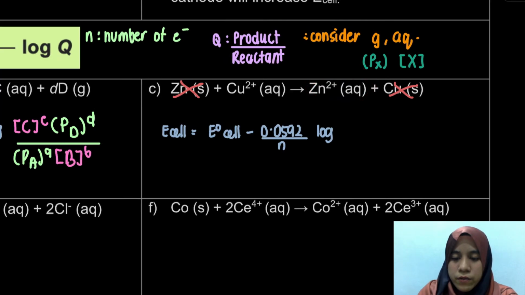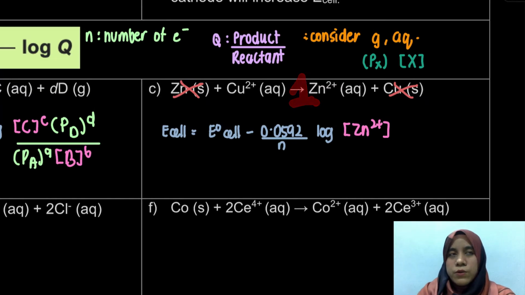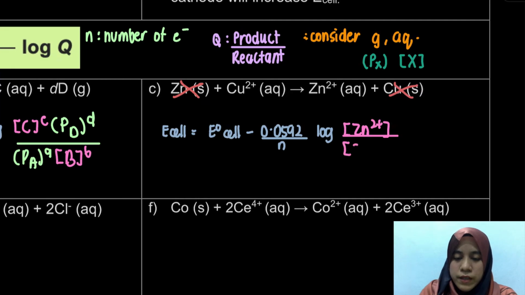For concentration must be square bracket. Here, if we don't have any value, it's actually to the power of 1, so you don't have to include the power of 1. It is understood. Divide by my reactant, which is Cu2+ to the power of 1. Again, you don't have to write down the power of 1 here. So that is for C.